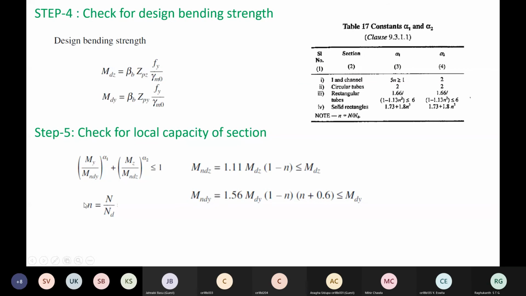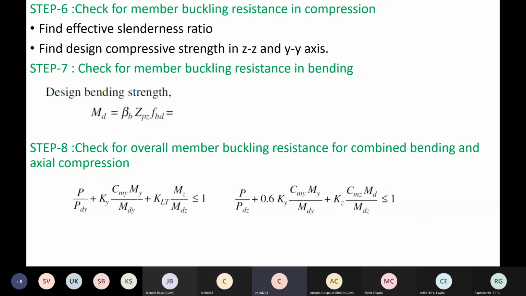So after calculating N and ND, you can find out small n and substitute here and find out MNDZ and MNDY, and again substituting in this formula, you can get whether it is satisfying the check or not. So next step, Meenakshi will tell.